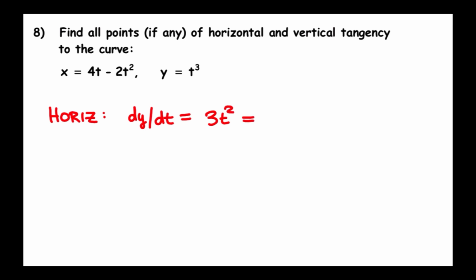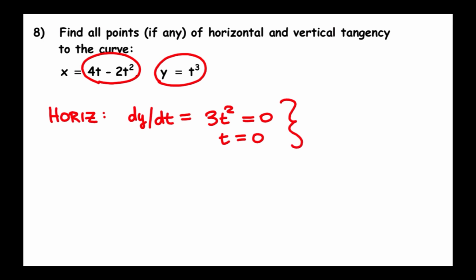If you set that equal to 0, it follows that t is 0. And if t is 0 and you plug that back into both of these equations, x and y are both 0, which means that at the point (0, 0), the origin, you have a horizontal tangent.